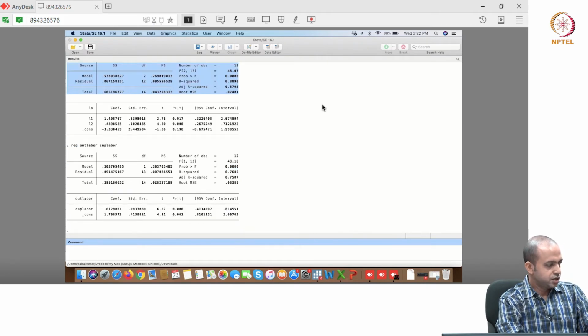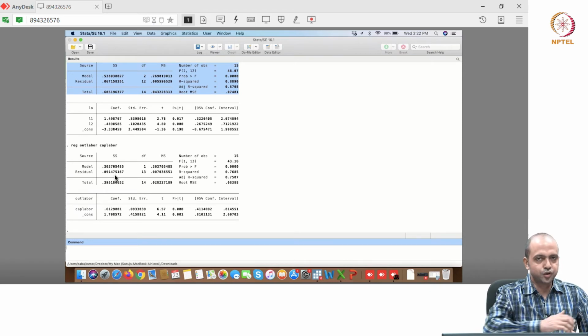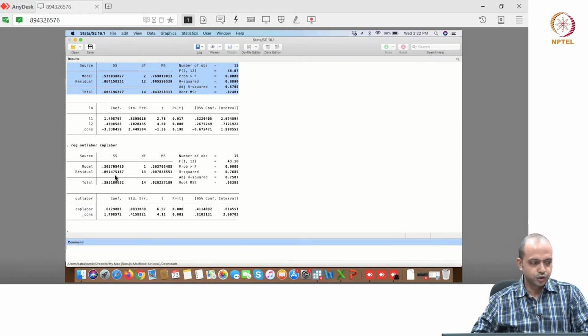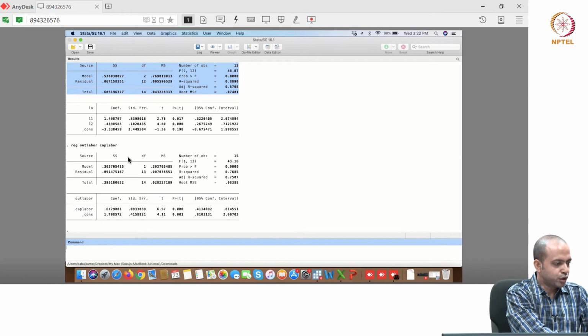This is the restricted version, and from it the RSS is 0.0914. These are the two things you have to keep in mind, and the total number of observations is 15.